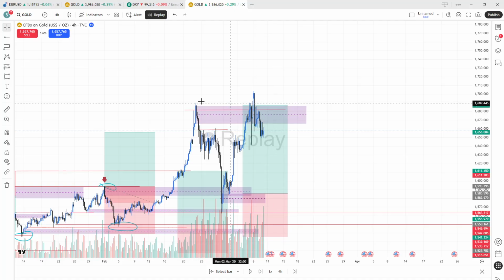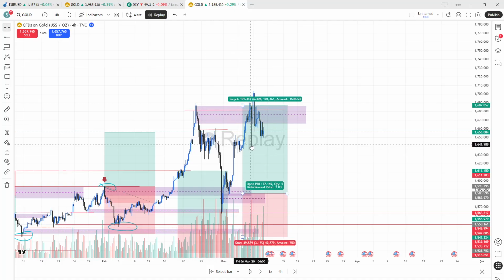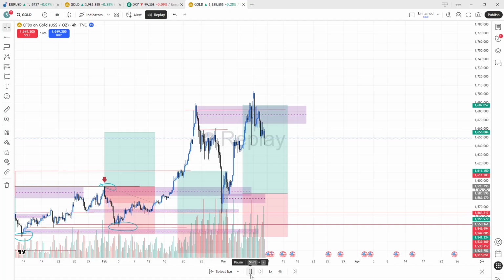We just took it out and then gave that reaction and then pushed up. But TP would be hit, right? We're just going to have to look for a good entry or reversal.